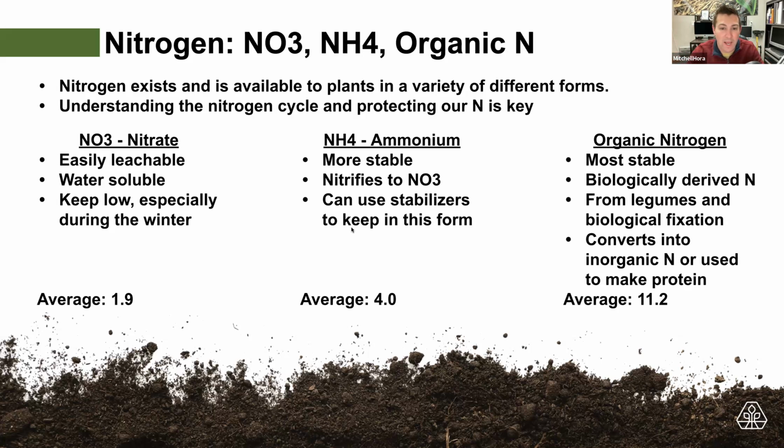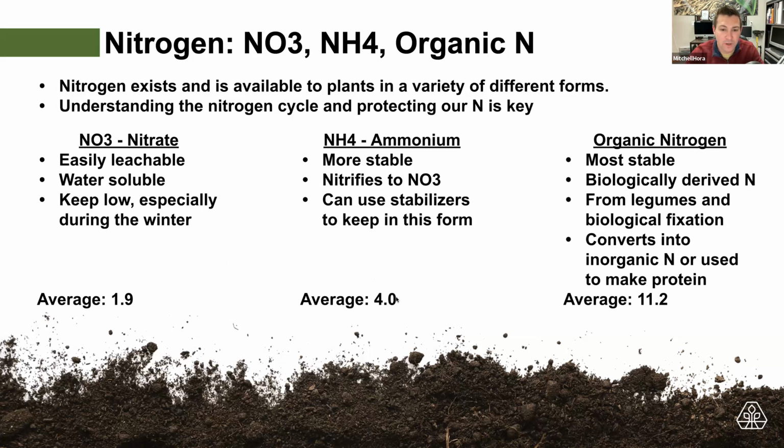So we can apply nitrogen as ammonium, and then it can nitrify into nitrate. It can turn into N2 gas and be lost via volatilization. A variety of things can happen to this nitrogen here. The key thing that why I like the Haney test is we need to be looking at this organic pool and factoring it into our nitrogen management.